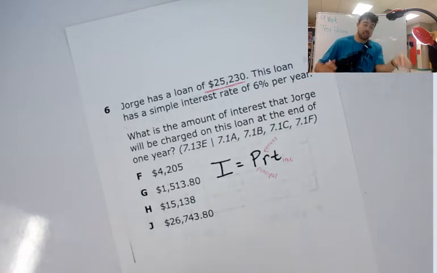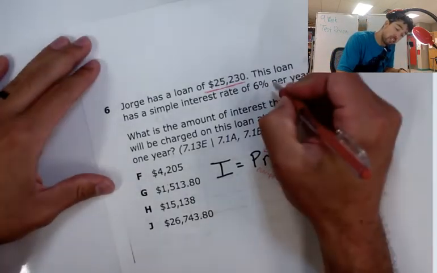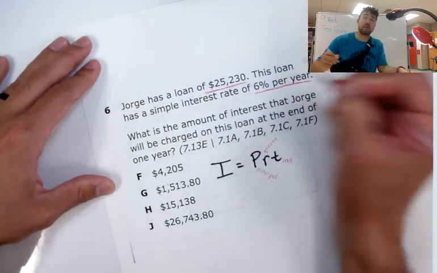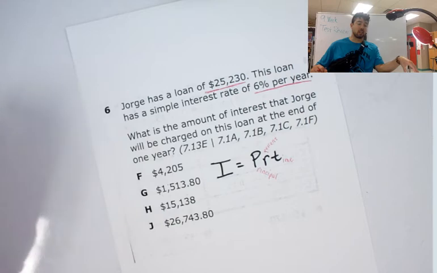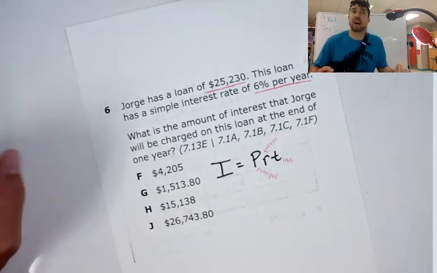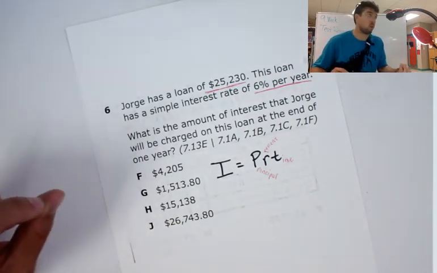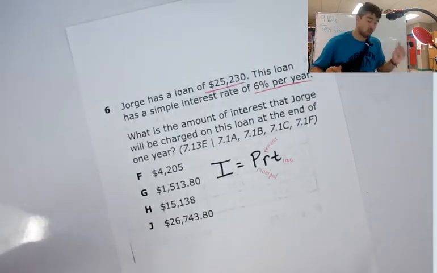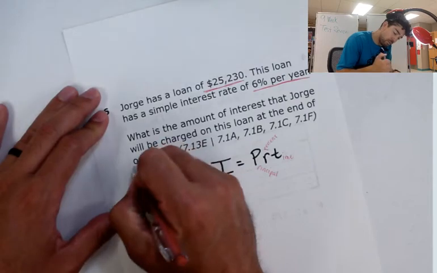So in this case, this bank is charging 6% per year. That's going to be our rate, 6%. And then, what's the time here? What's the life of this loan? Like, what's the time for this loan? 1 year. 1 year, right?